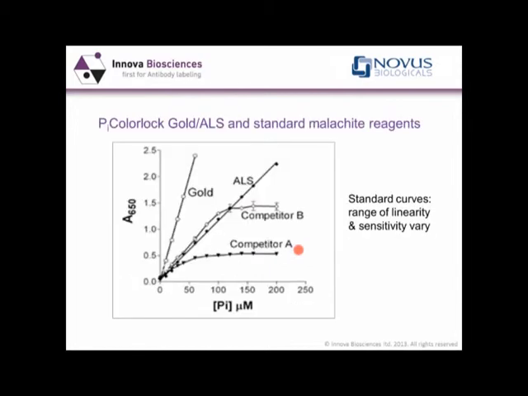And here we show standard curves with various reagents, and you can see that some are linear and some start to deviate at relatively low phosphate concentrations. PiColorLock Gold and ALS are two of our products. We now just sell the gold reagent because everyone likes the higher sensitivity. But whatever reagent you use, you really need to see a standard curve that looks pretty linear.